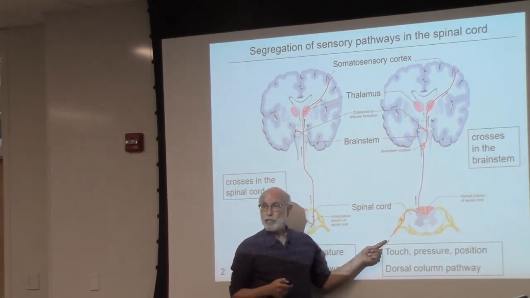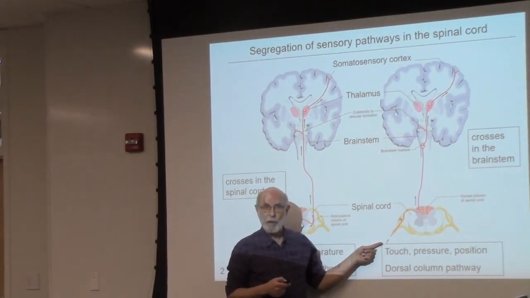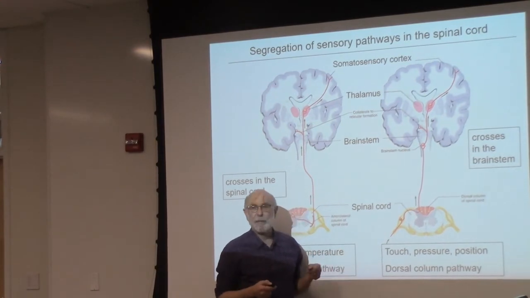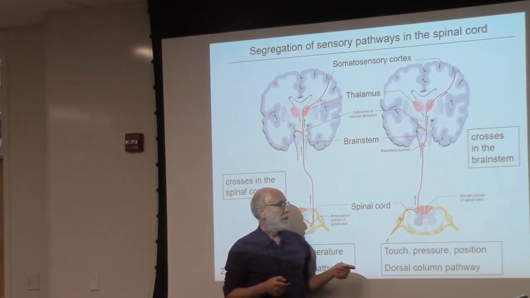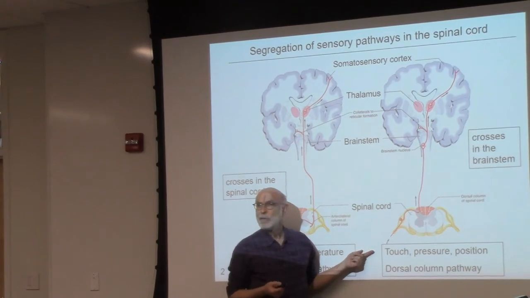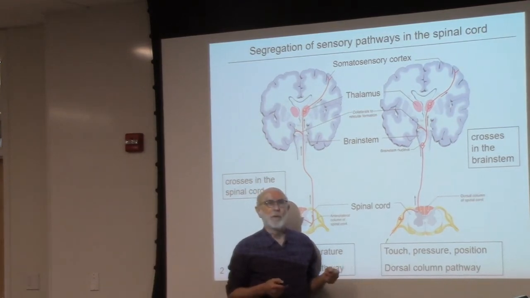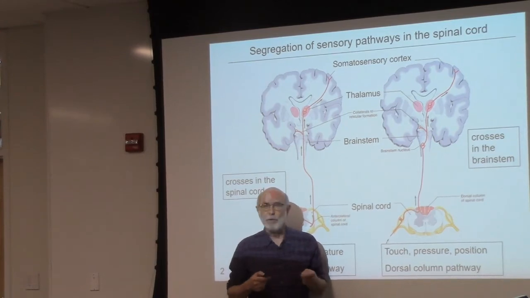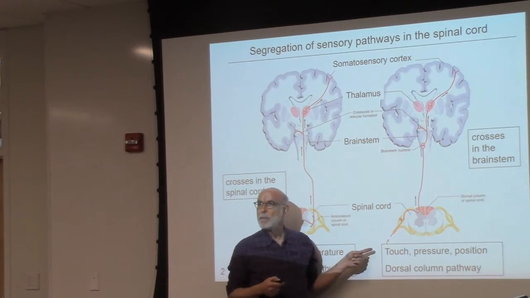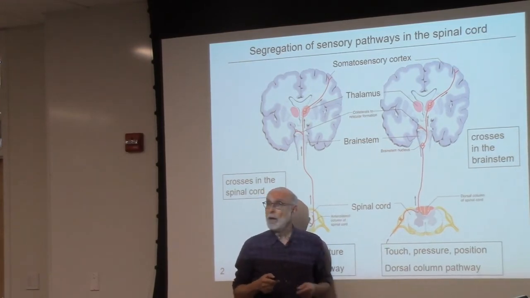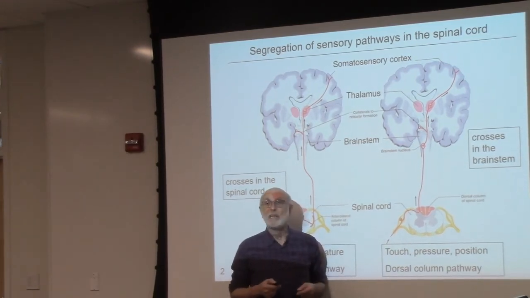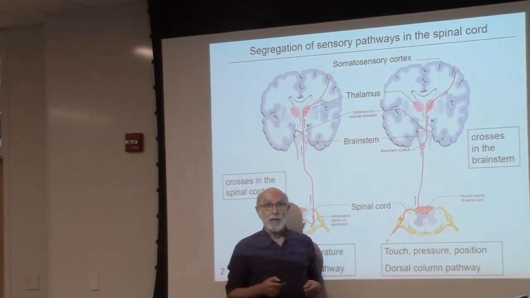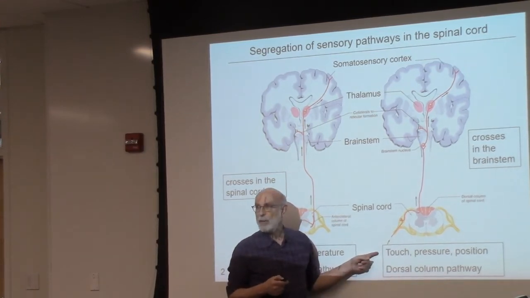The touch, pressure, and position pathway has some similarities and differences. Similarities, there are receptors, but they aren't receptors for temperature or for painful stimuli like acid or ATP. Touch and pressure are transduced by mechanosensitive or stretch-activated ion channels in those corpuscles that we talked about.